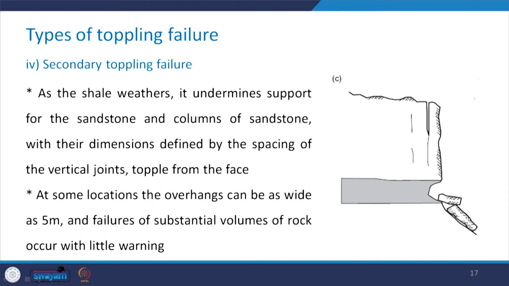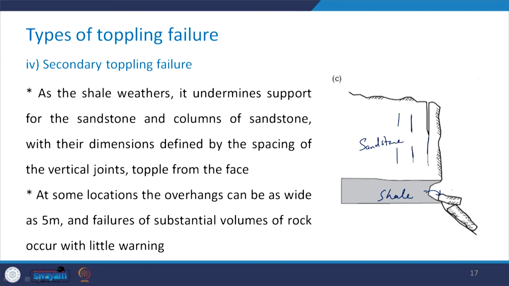What this means is, say this is the shale, and I mentioned to you that shale is quite prone to weathering. In this particular part, when it starts weathering, and here you have, say, the sandstone in which vertical joints are present, like it has been shown here.